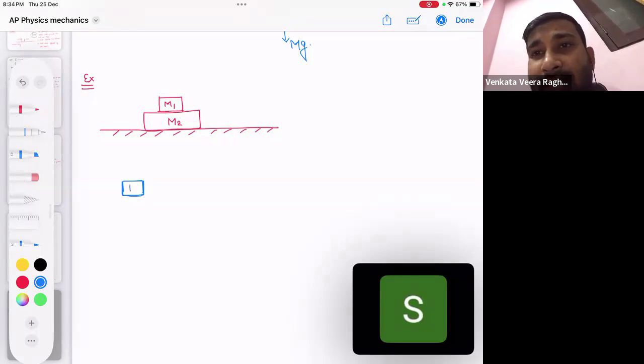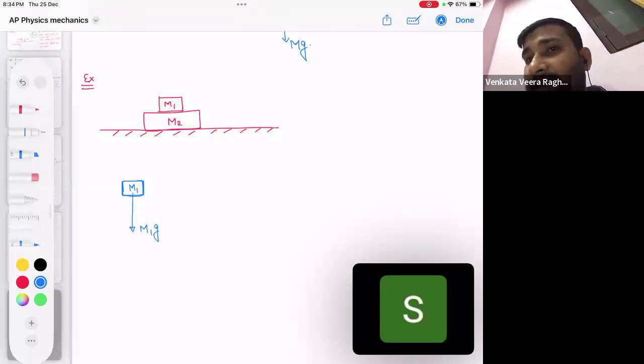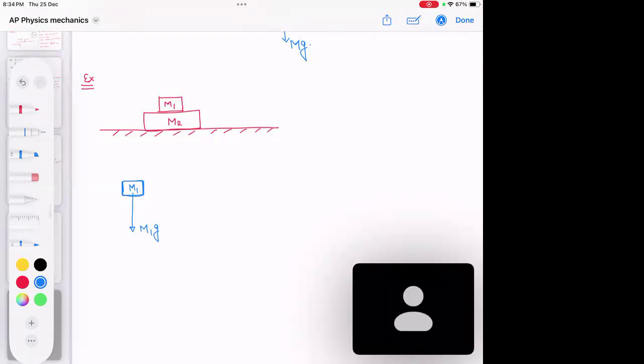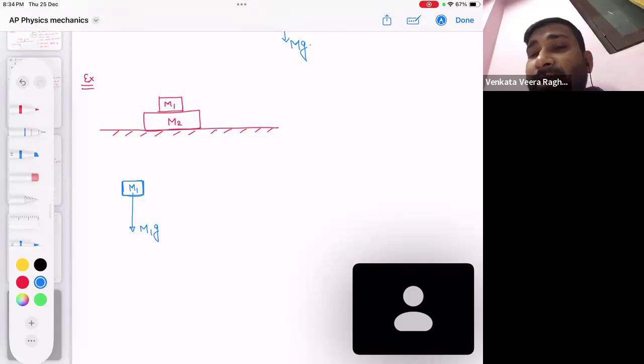The third type of force I am going to discuss is tension. After that, I will connect them with a string also. So tell me, for m1, if I ask you what forces are acting, the first and simplest force is m1g, the gravity force, in the downward direction. Then the normal due to m2.